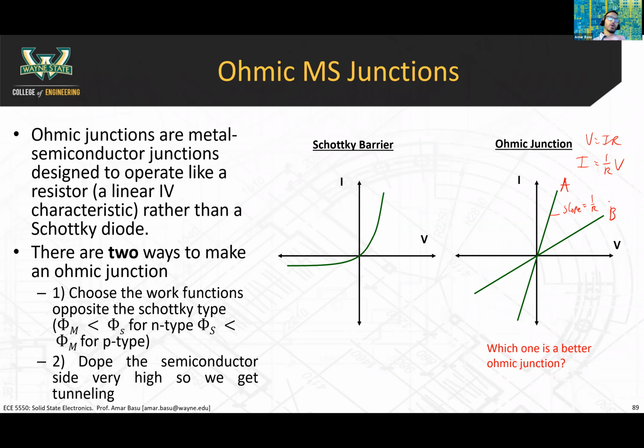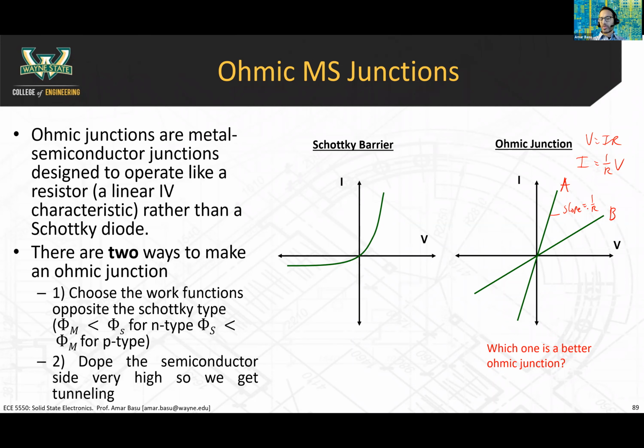Okay, for those of you who aren't from a circuit design background, whenever we design circuits and we're trying to make a nice contact into a material, we don't want to have resistances. We'd like to have the resistance to be where we design the resistance to be. If we're just trying to make a contact into the semiconductor, we usually want the resistance to be as little as possible. So this line here, A, has a larger slope.